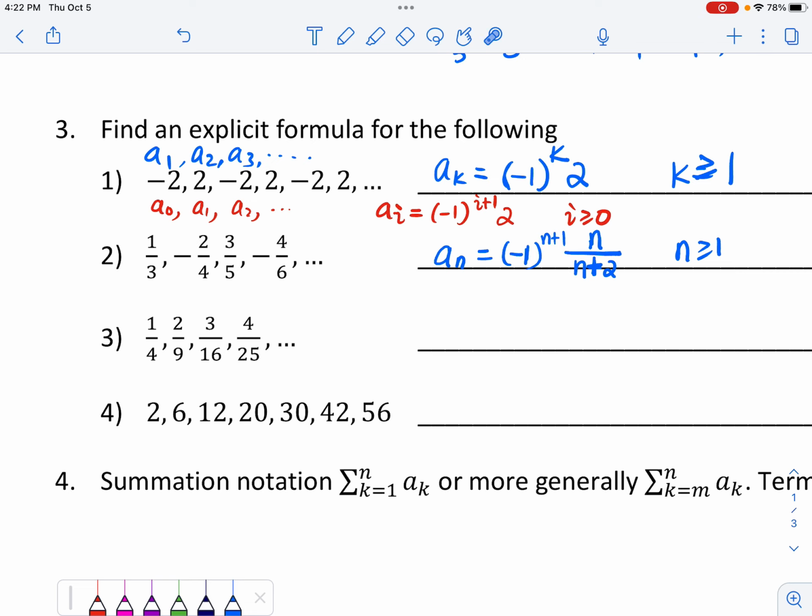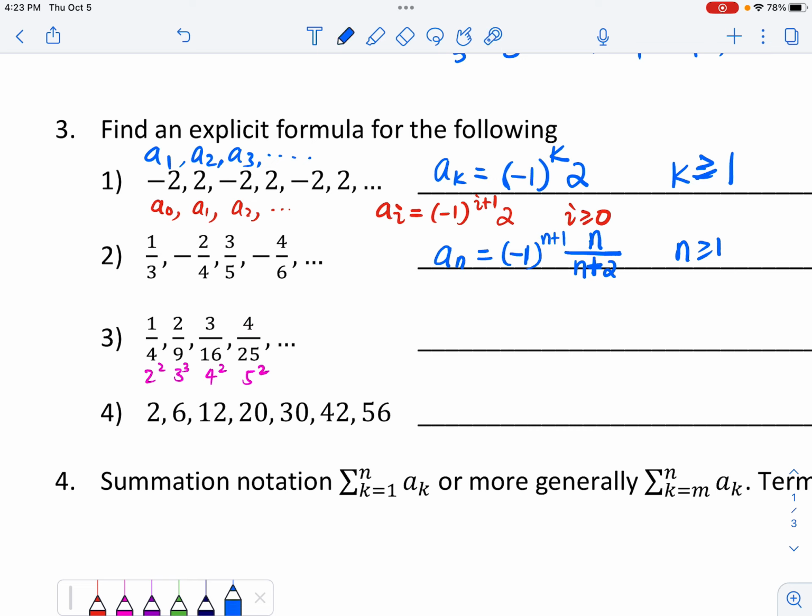And the third one, 1/4, 2/9, and again the numerators just match 1, 2, 3, 4, it matches the index if I begin my index with 1. And the denominators, if you look at them, these are perfect squares. This is 2 squared, this is 3 squared, this is 4 squared, 5 squared. It seems like the square of a number, and that number is just 1 more than the numerator.